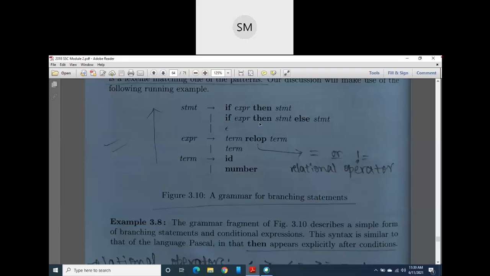So just now I told you what terminals are. Then what are non-terminals? Here in italics, whatever I have written, EXPR and statement, these are called non-terminals. It means that these are not the end point; still we can define them. How to define them?